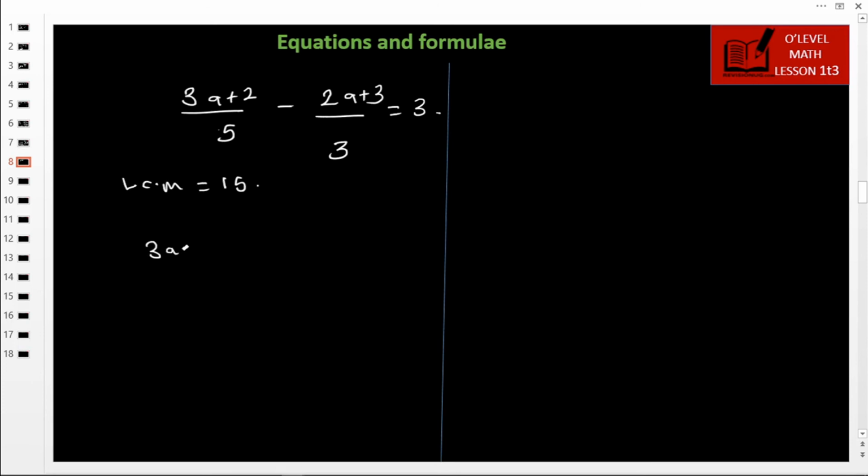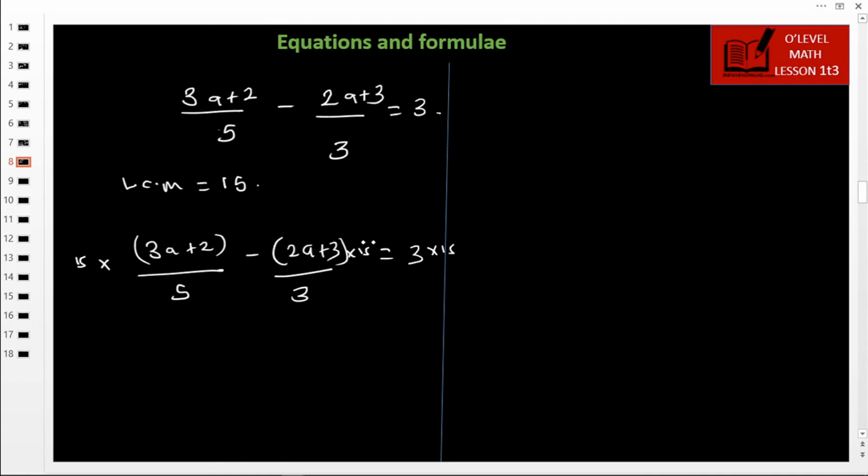So which is (3a + 2) over 5 minus (2a + 3) over 3 is equal to 3. So times the LCM 15, even times LCM 15. So 15 by 5 is 3, so it's 3 into (3a + 2), minus 15 by 3 is 5, so 5 into (2a + 3) is equal to 45.